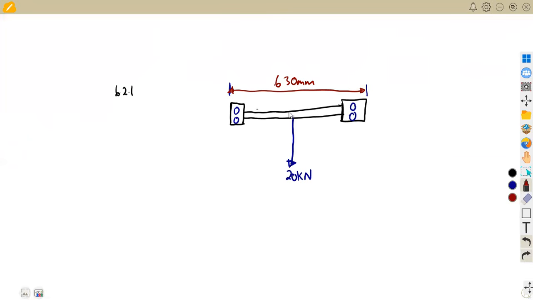So we divide by 2, having 10 kilonewton this side and 10 kilonewton this side.